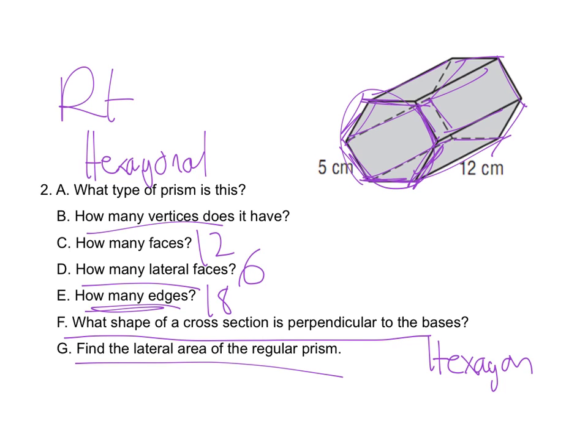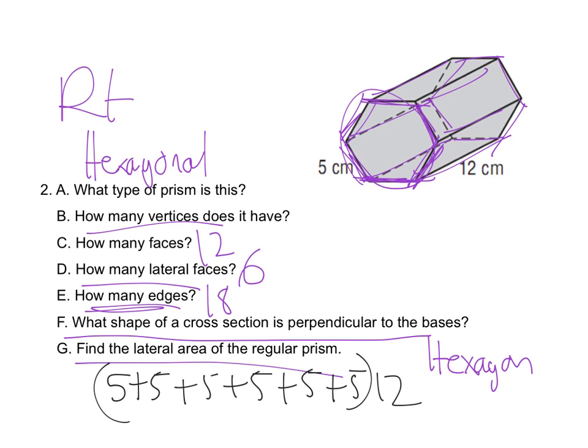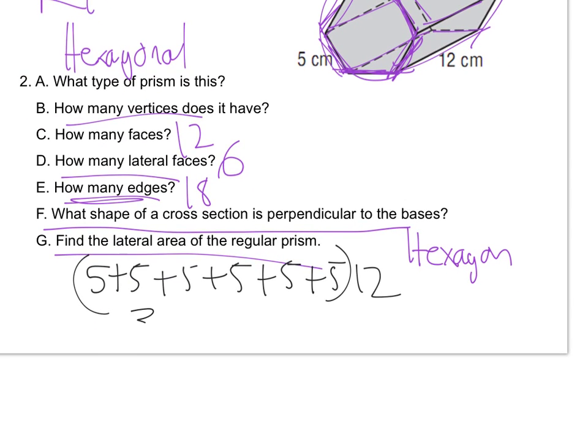It's actually technically going to be a right hexagonal prism. Find the lateral area. So again, you're going to take 5, 5, 5, 5, 5. Okay, so you're going to take 5 6 times, times 12. So that's going to be 30 times 12, which is 360 centimeters squared.